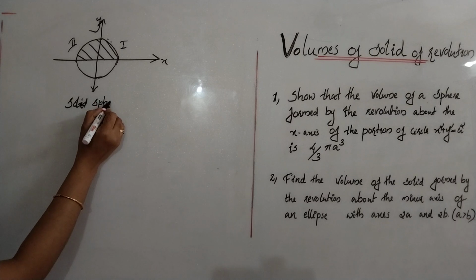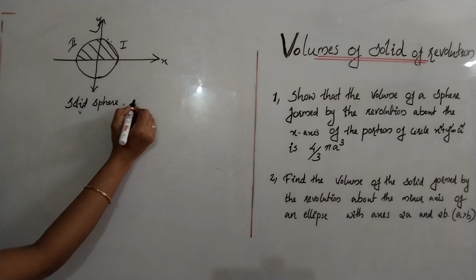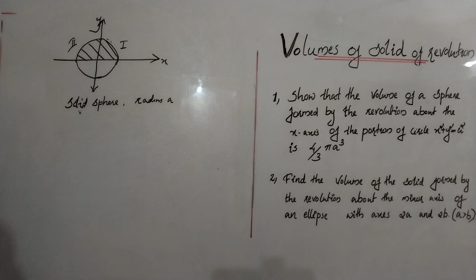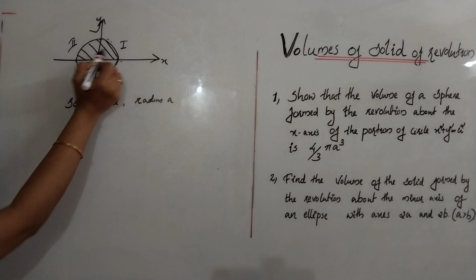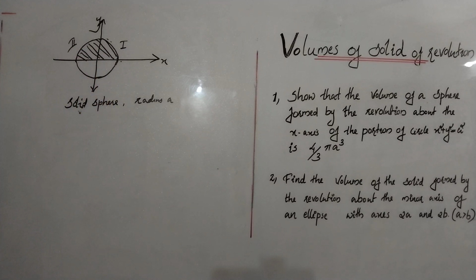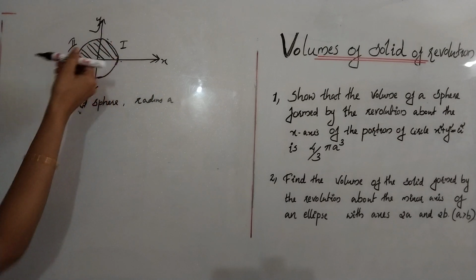A solid sphere having radius a and center at the origin, that is this portion of the circle. The area enclosed in the first and second quadrant of the circle is revolving about the x-axis.